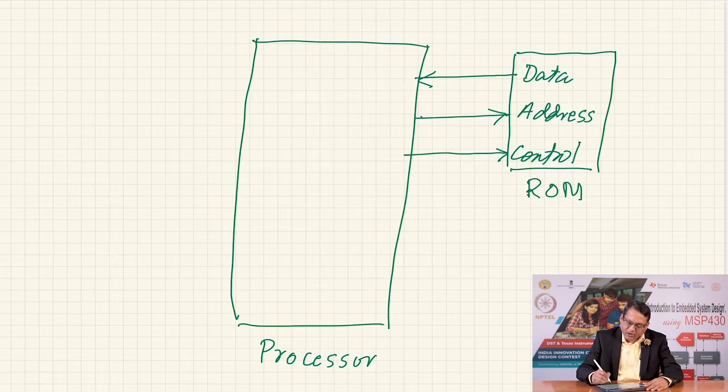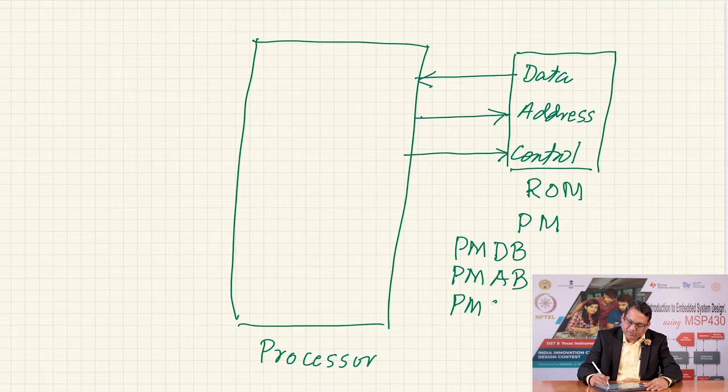Now, I call this the ROM, or here I am going to store the program, so we commonly refer to this as program memory, and therefore, these buses which connect to a program memory are called PMDB, that is program memory data bus, PMAB program memory address bus, and PMCB program memory control bus.